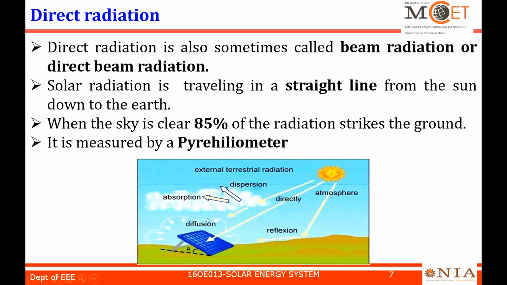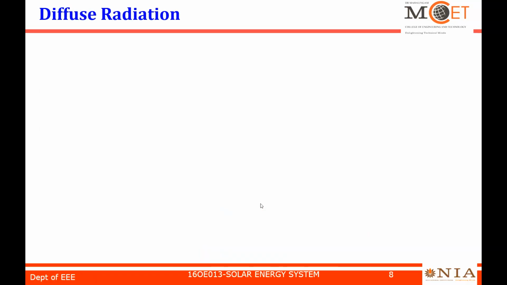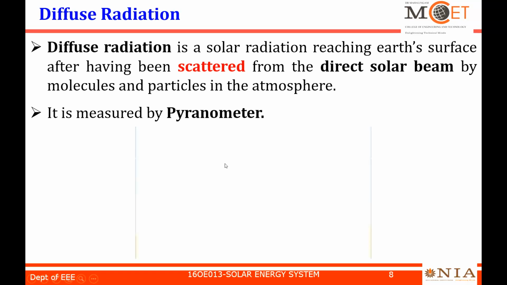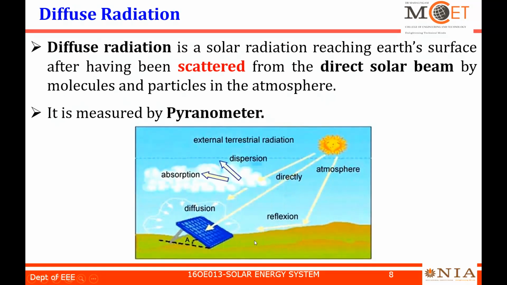Pyrheliometer is an instrument used to measure direct radiation. Diffuse radiation is solar radiation that reaches the Earth's surface or the solar panel after being scattered from the direct solar beam by molecules or particles of the atmosphere. The instrument used to measure diffuse radiation is the pyranometer.